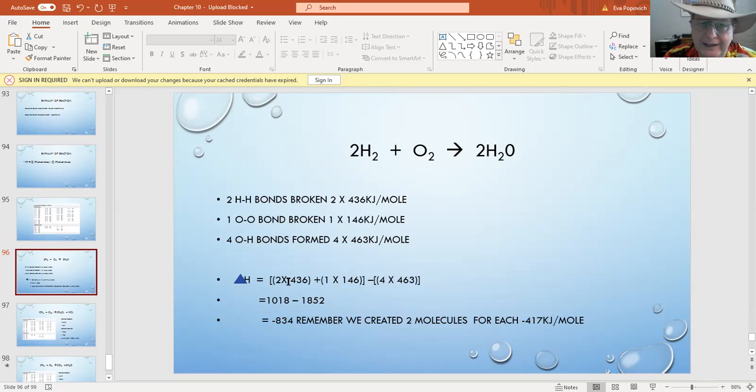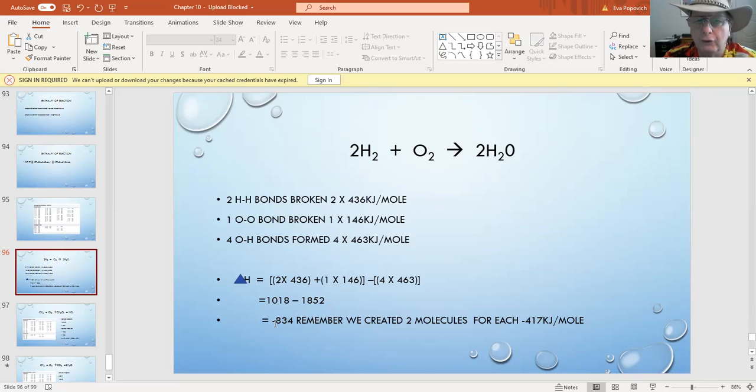So I'm adding my 2 times 436 for the H-H bonds, my 1 times 146 for my O-O, because those were broken. From that, I'm subtracting the bonds that were formed, the 4 times the 463. I do this math out.